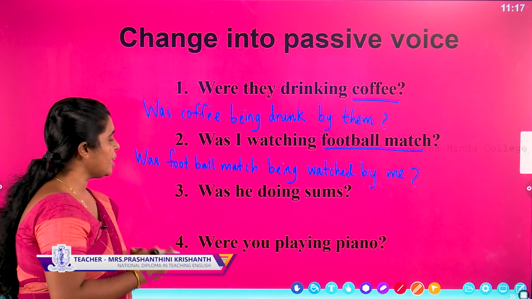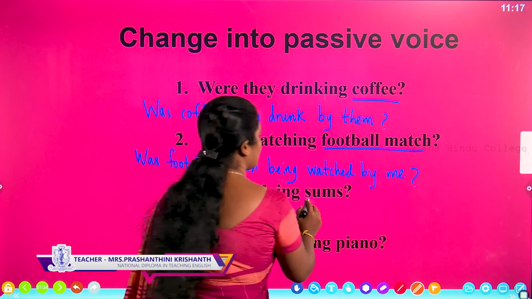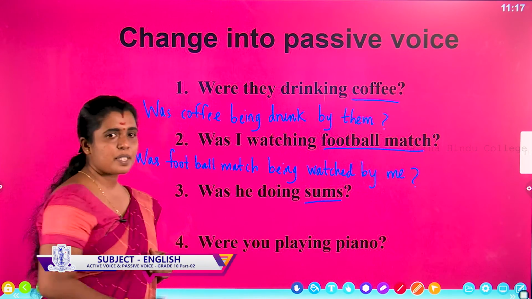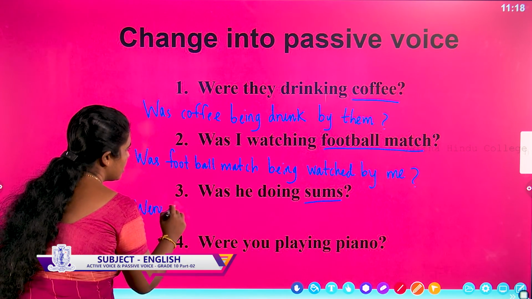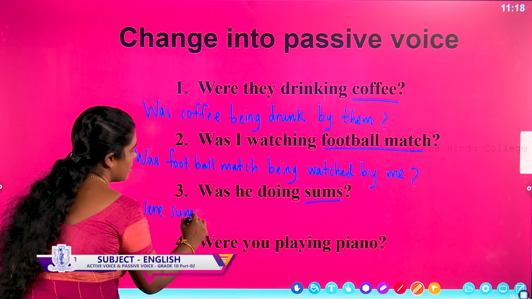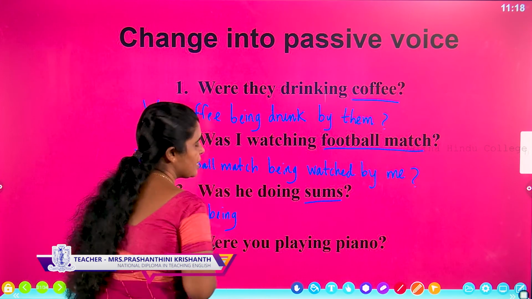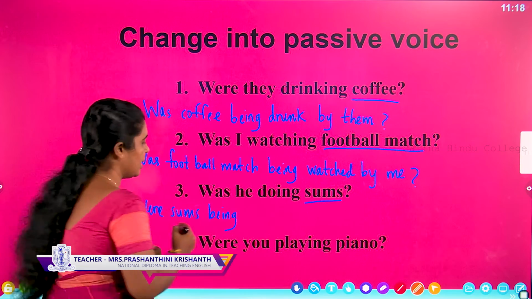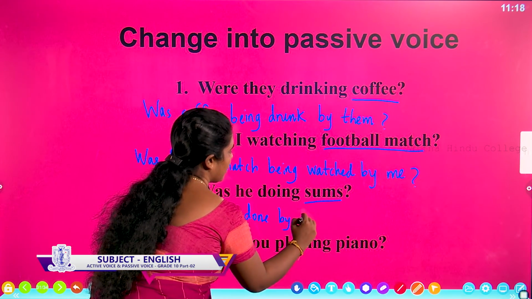Right? Number 3, was he doing sums? So this is the object sums, that is plural form. So were sums being, what is the past participle form of do? Done. Done by him.